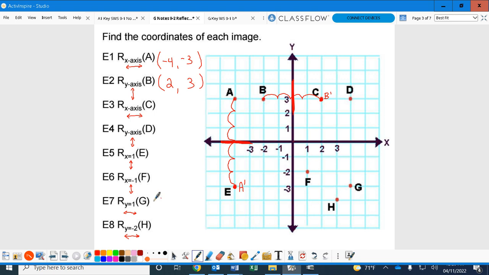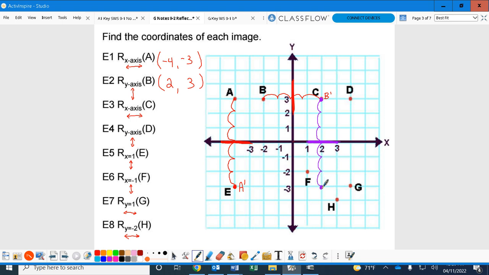Okay, the next one, I'll change colors. Let's change to purple. For the next ones, I'm going to be reflecting C across the x-axis. Here's point C. I'm going to reflect across the x-axis, which goes this way. There's my x-axis. That point C is 1, 2, 3 away from that line, so I'm going to go down 1, 2, 3 and put my point right here.